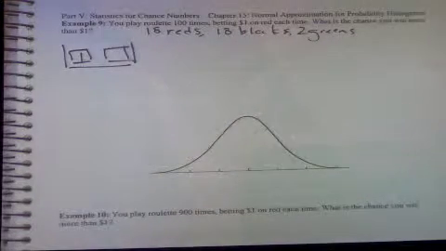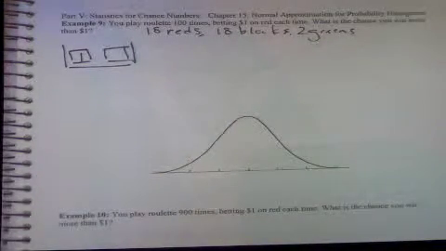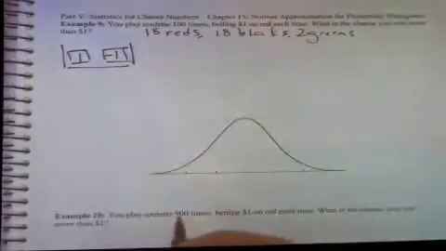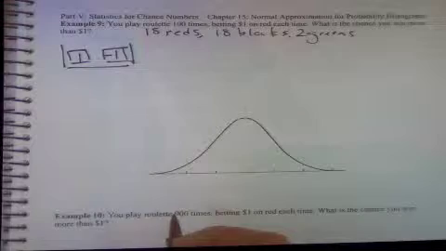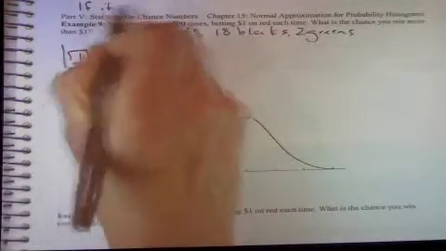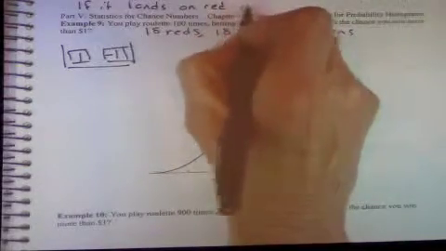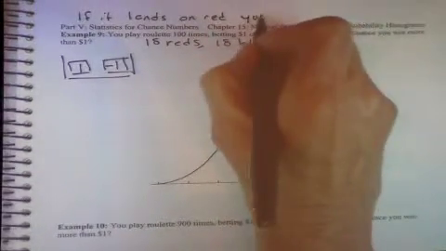This pays even money. You get $1 if you win, and you lose $1 otherwise. I better write that down. If it lands on red, you win $1, because you bet $1.